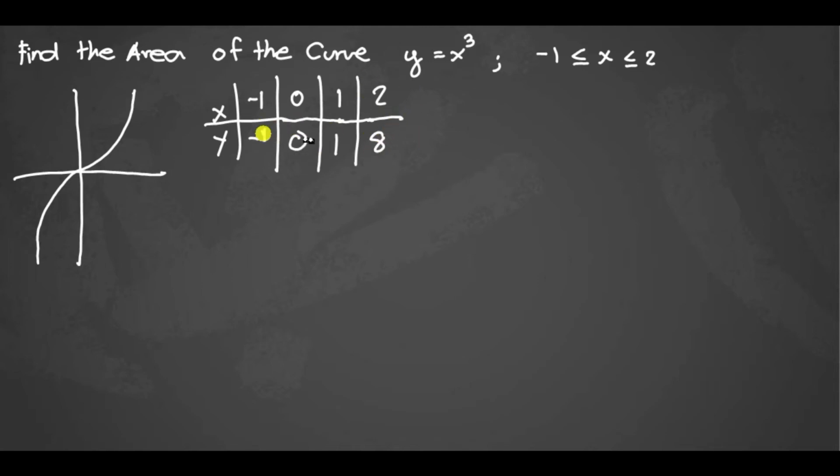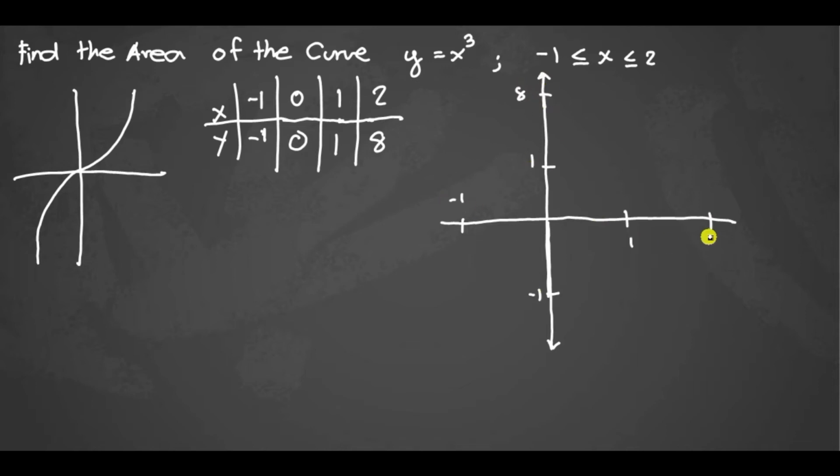With this table of values, we can construct our graph by plotting our coordinates: negative 1, negative 1; 0, 0; 1, 1; 2, 8. Tracing the curve, the curve will look like this.